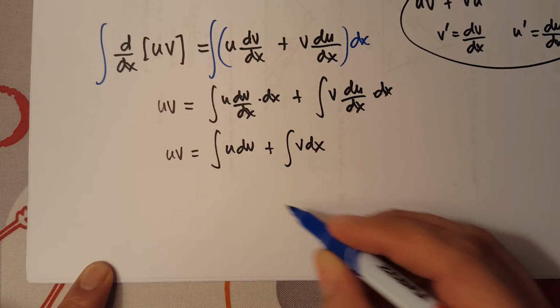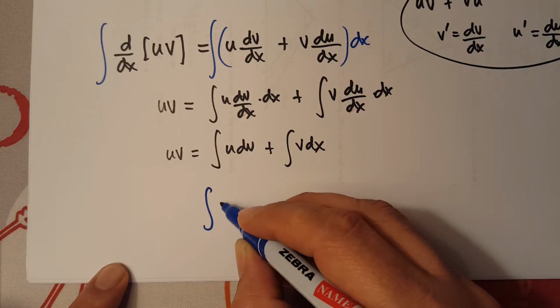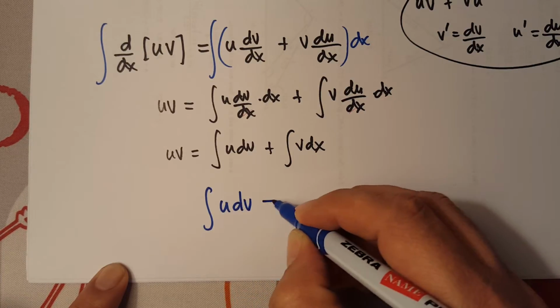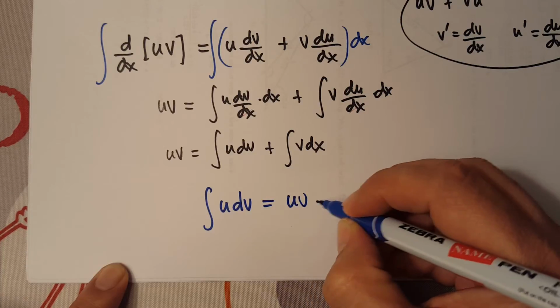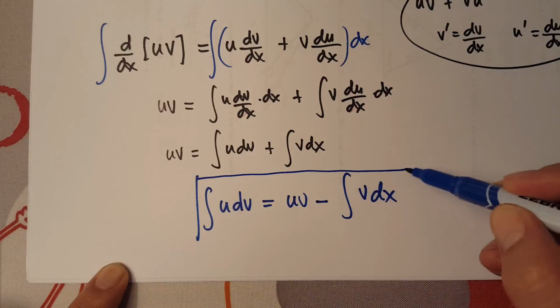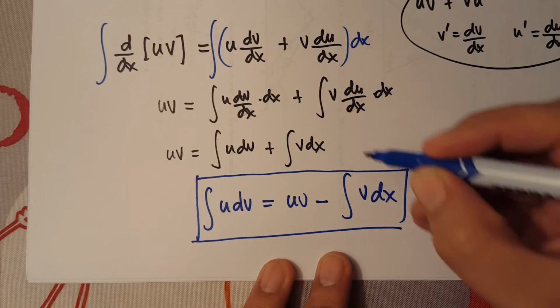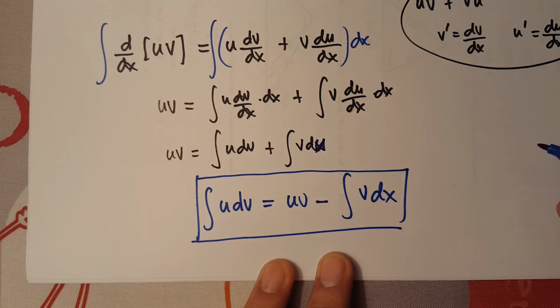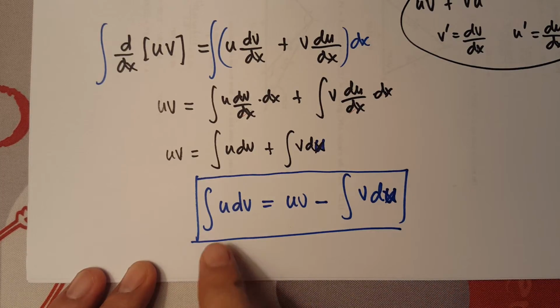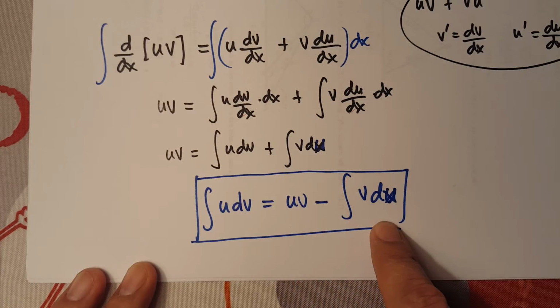We solve for the integral of u dv, which is now equal to uv minus the integral of v du.